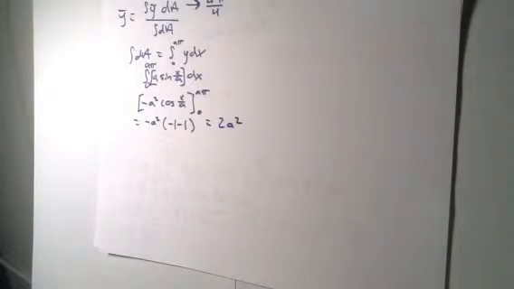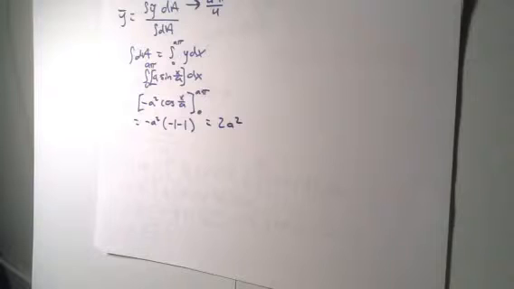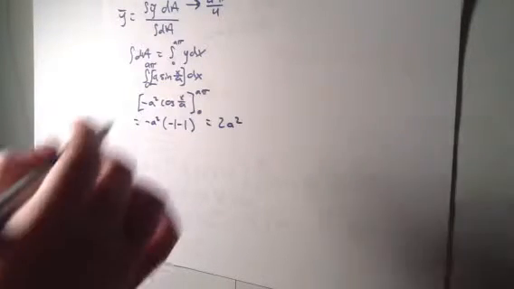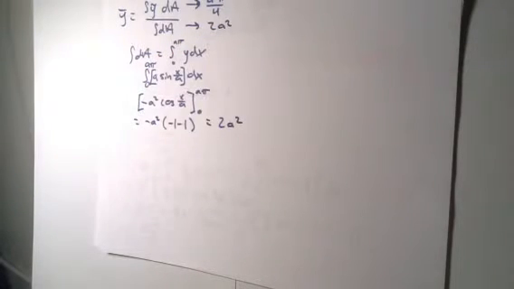So now we are given the numerator, which we found to be a cubed pi over 4, and we just found the denominator, which is 2a squared. So since we have both the numerator and the denominator solved for, all we have to do is plug it back into our original equation for y bar and solve for y bar.